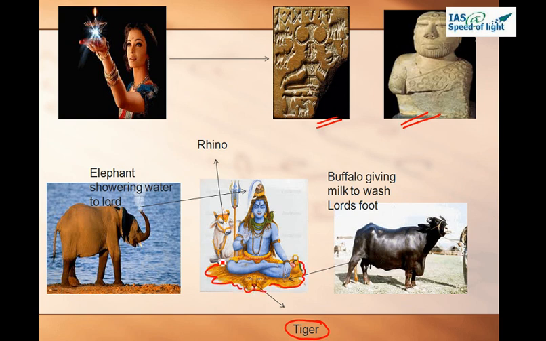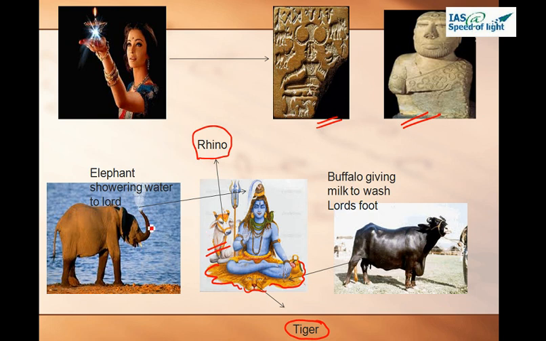Second thing, we see a Nandi or a bull. But imagine here, instead of this Nandi, one rhino is sitting. So Lord Shiva is sitting over the mat of tiger skin, then behind him the rhino. In place of this Nandi, you have to see a rhino.